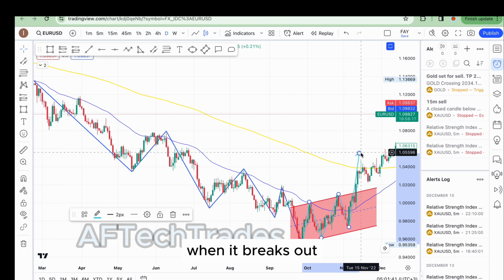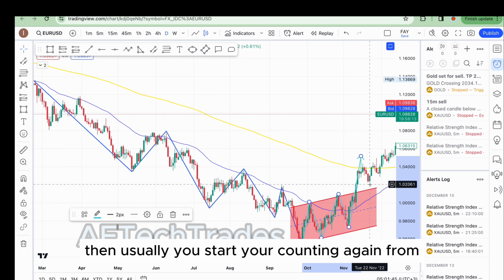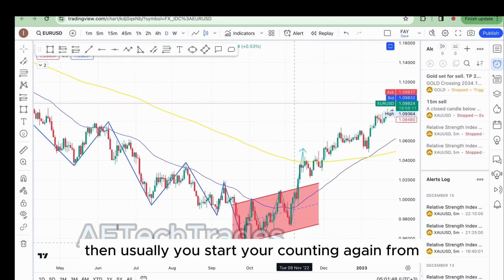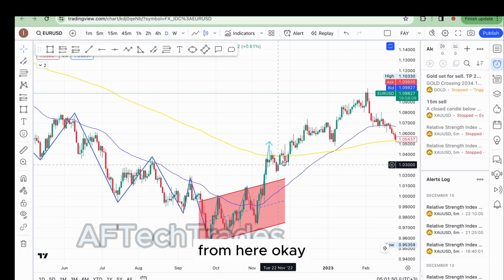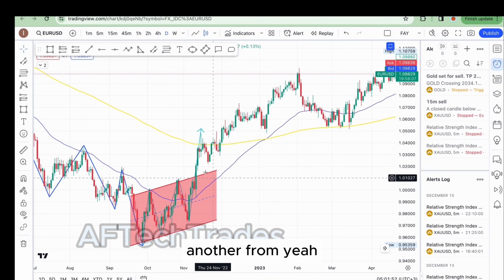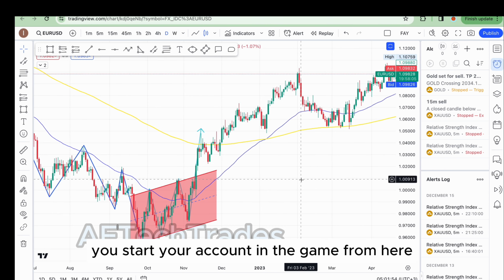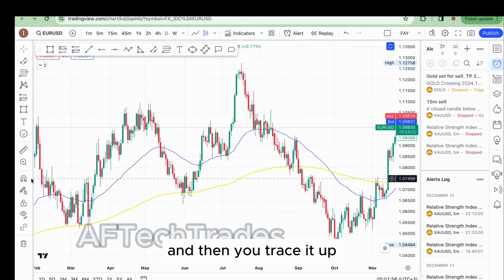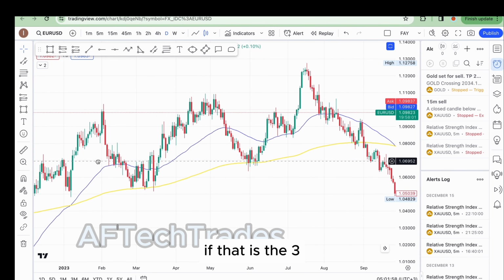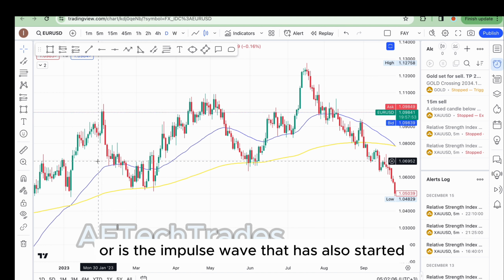When it breaks out, it did a retest, then usually you start your counting again from here, and then you trace it up. In the bigger time frame, is it the corrective wave, or is it the impulse wave that has also started?